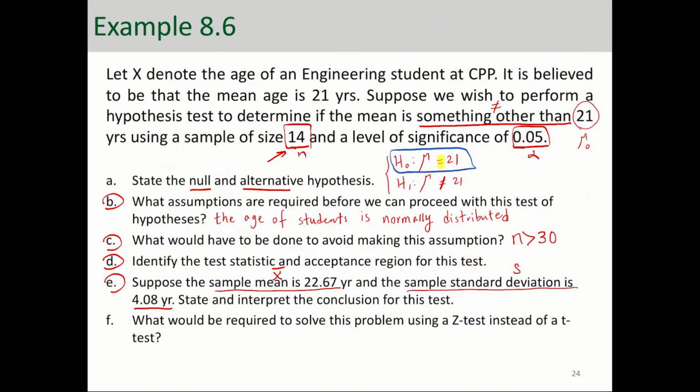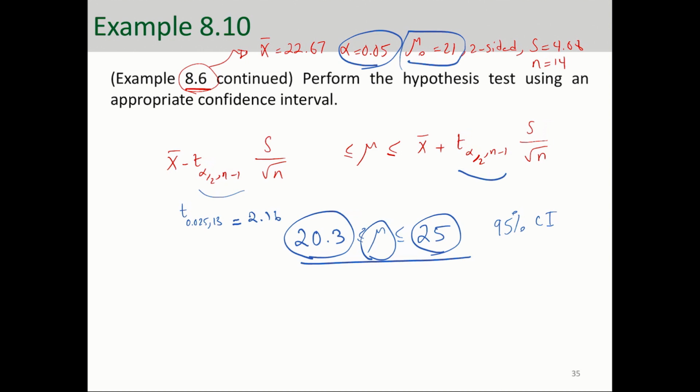That's what the hypothesis was in that problem. And you can see that here. So since 21 is, in fact, in this interval, between 20.3 and 25, then we're going to fail to reject the null hypothesis.